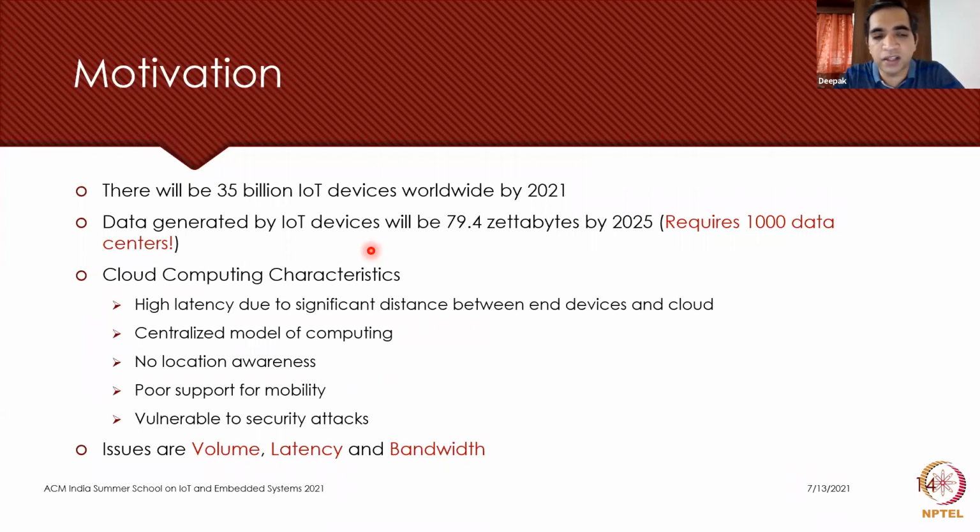One other important aspect that cloud computing lacks is location awareness. Assuming you want some service to get executed for some purpose, the cloud does not automatically have any location awareness. It's just getting some data and executing it, and it does not have information on the situation in the nearby environment from where that device is requesting a service.